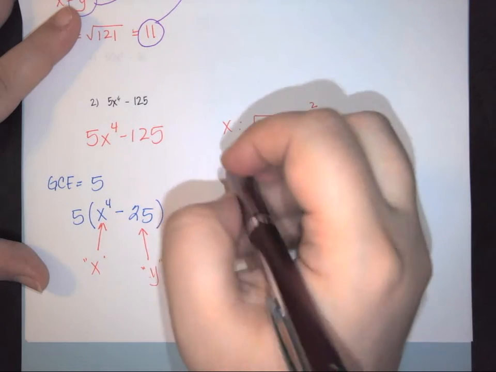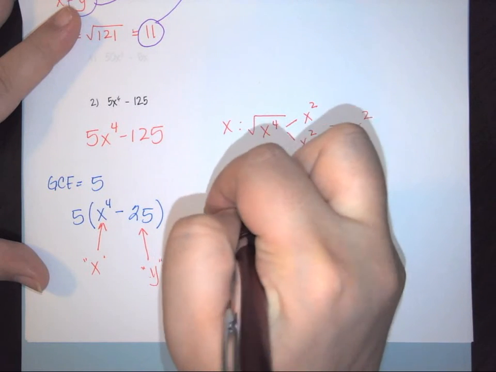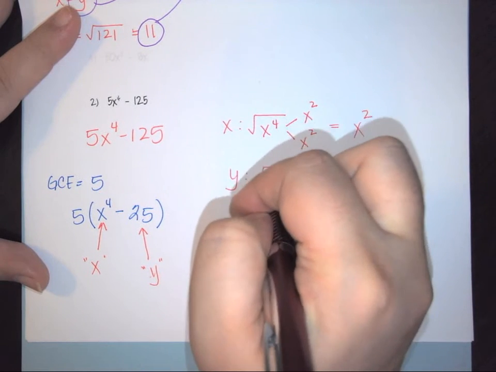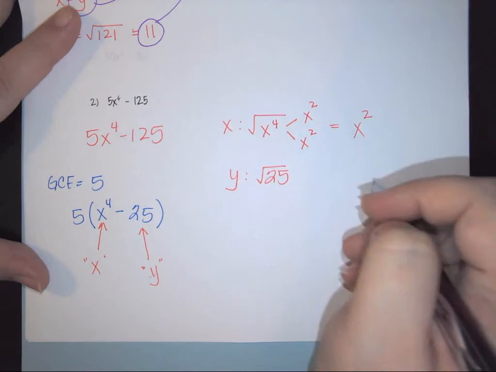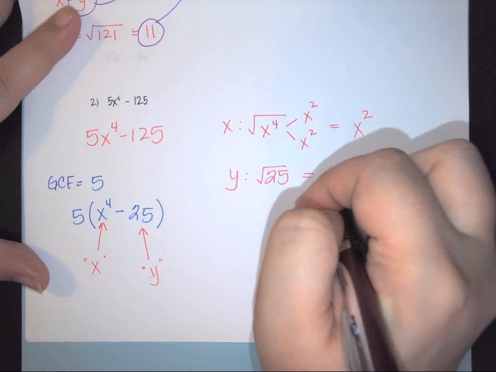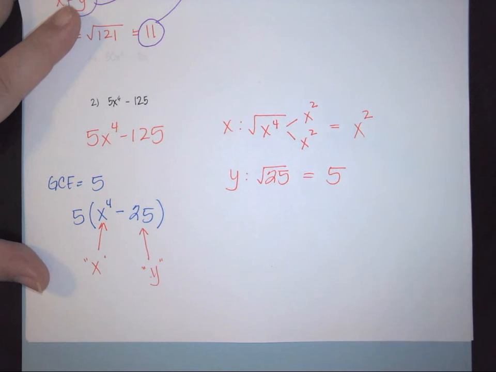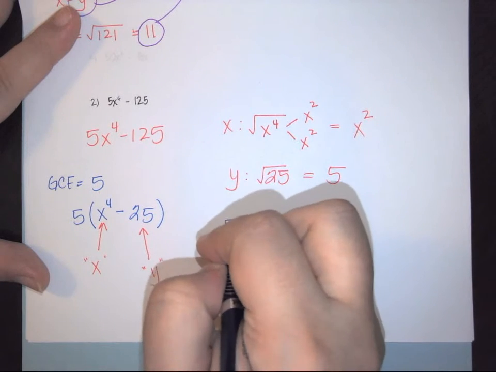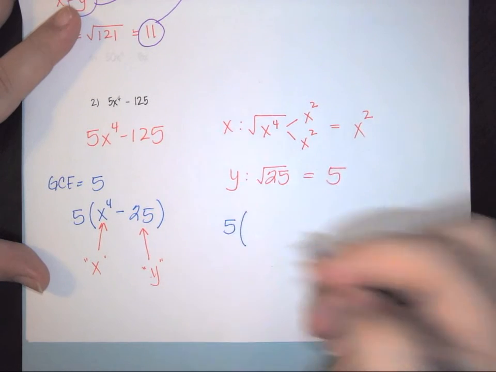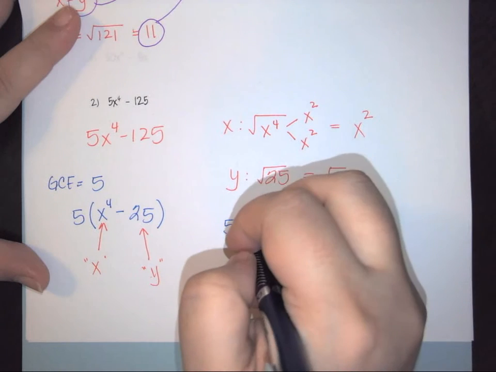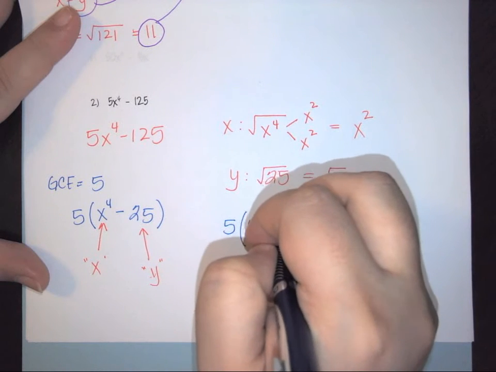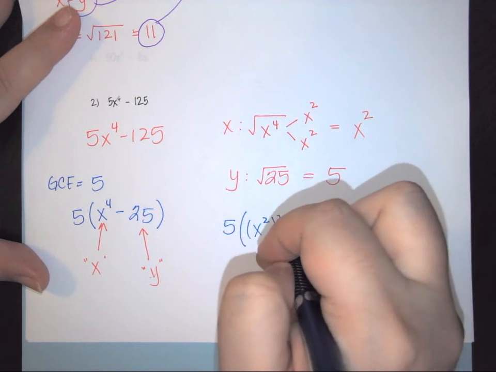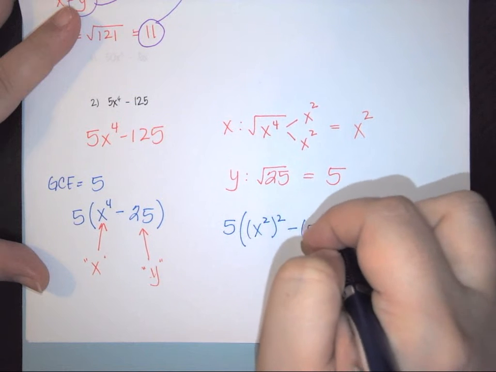And then to find my y, I have to take the square root of 25, which in this case is going to become 5. So I have 5 times x squared squared minus 5 squared.